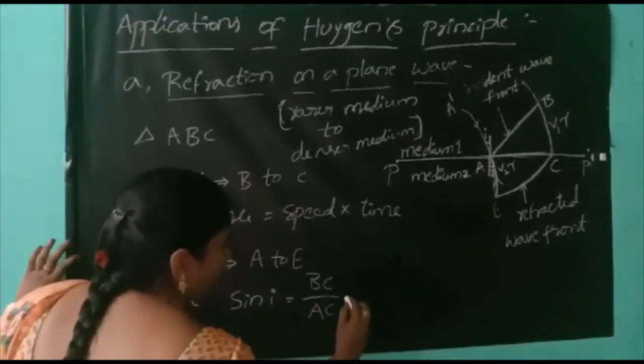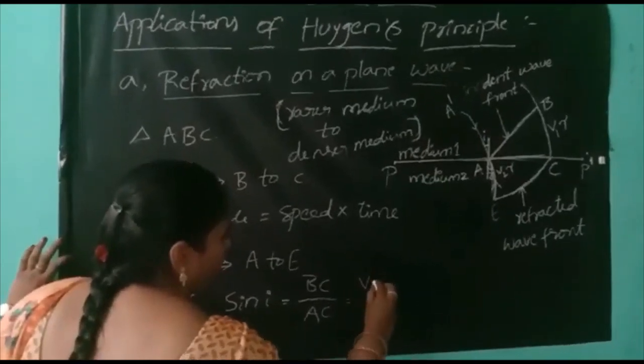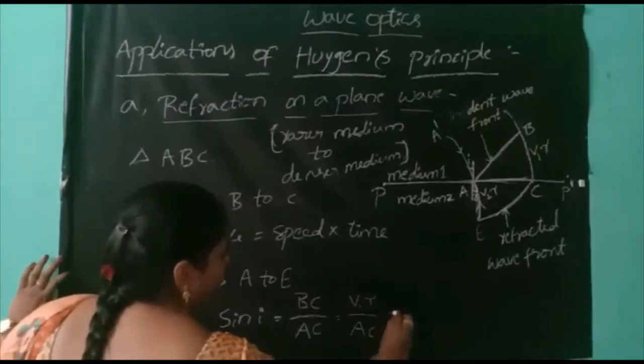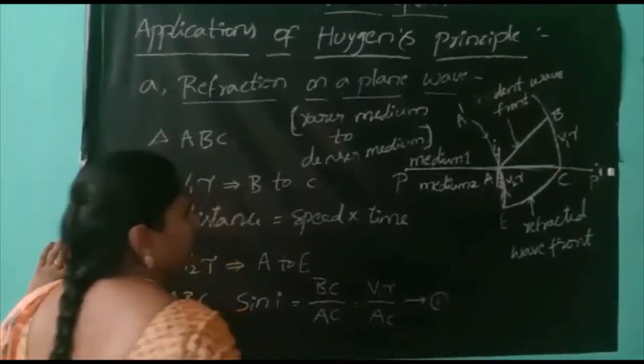BC is V1 tau, so sin I equals V1 tau by AC. This is equation number 1.